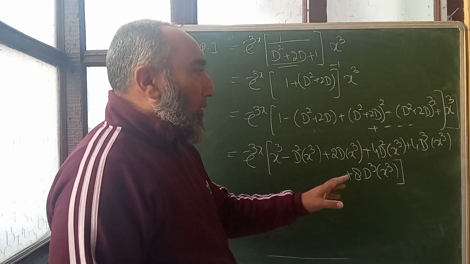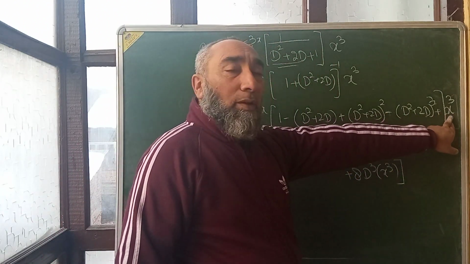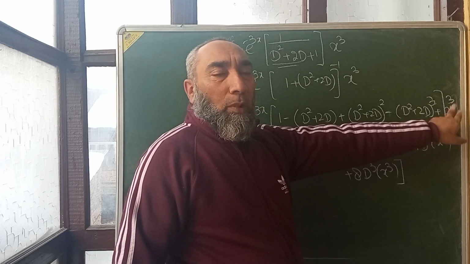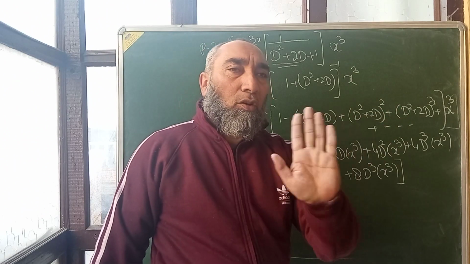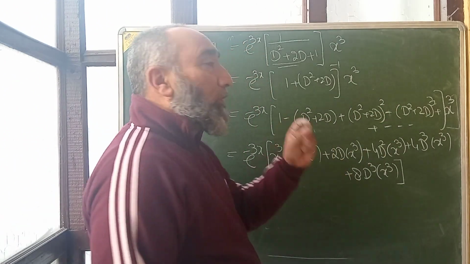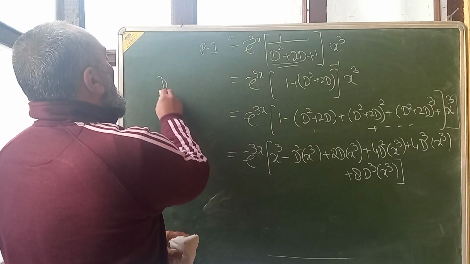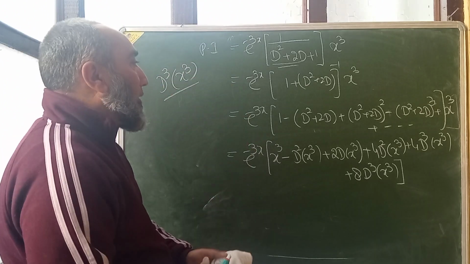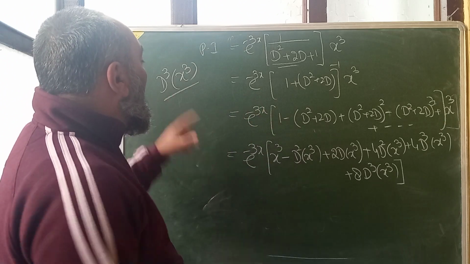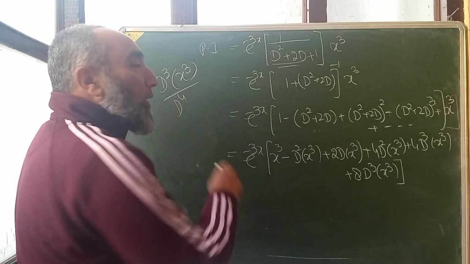Fine. Let me explain it again. You have x cube only. x cube means polynomial of degree 3. So you can differentiate only up to 3. So I have to take only d cube of x cube, which is factorial 3, you know that. But then I cannot take d4 because d4 will be 0.